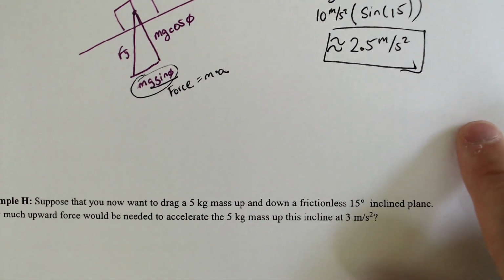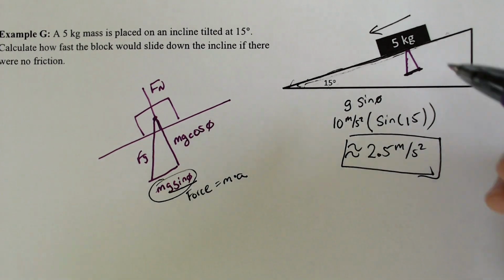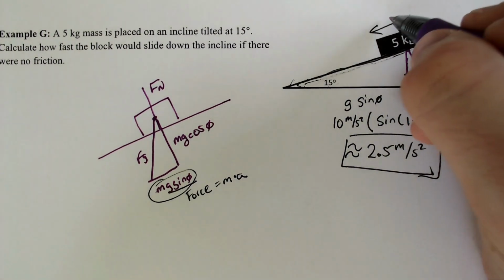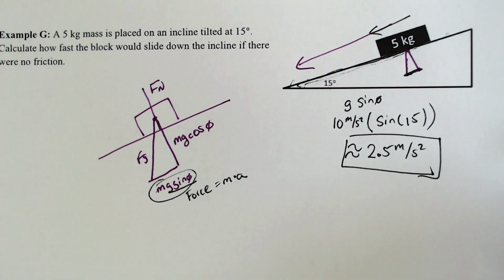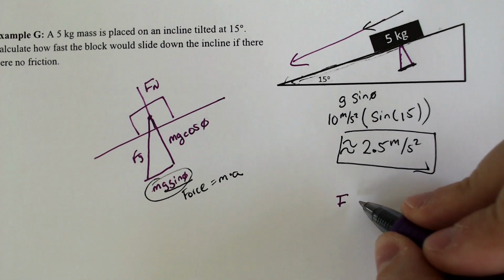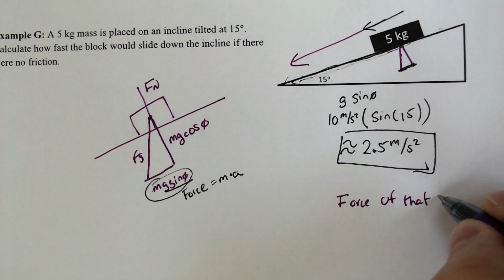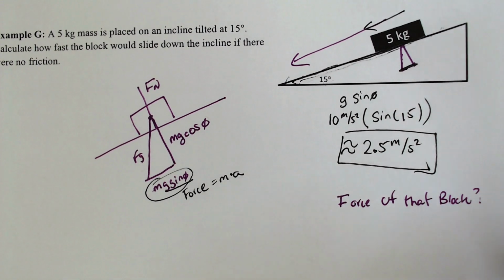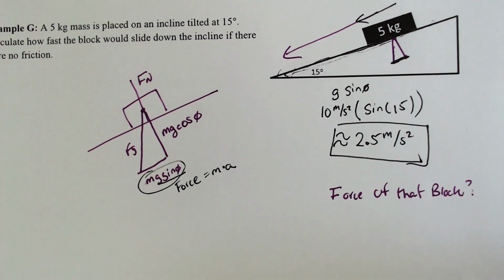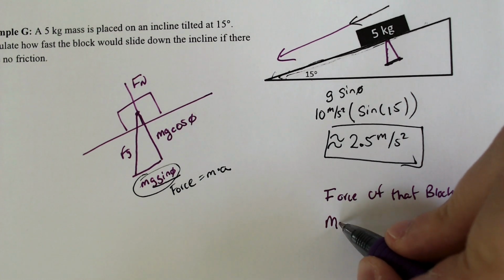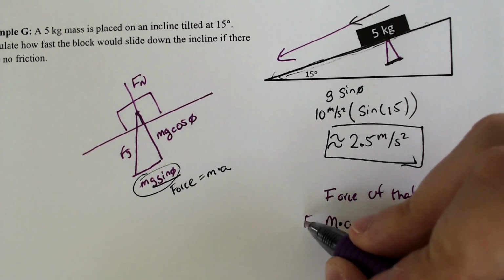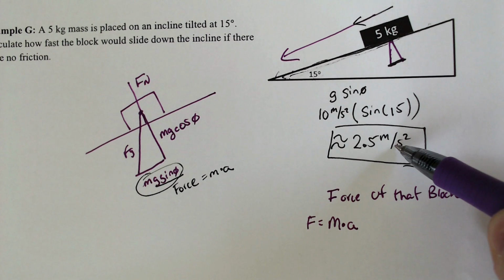So let's say that we have this 5 kilograms and it's going down. What would be the force of that block as it's moving down? Well, the force of that block would be mass times acceleration. And we just found its acceleration.